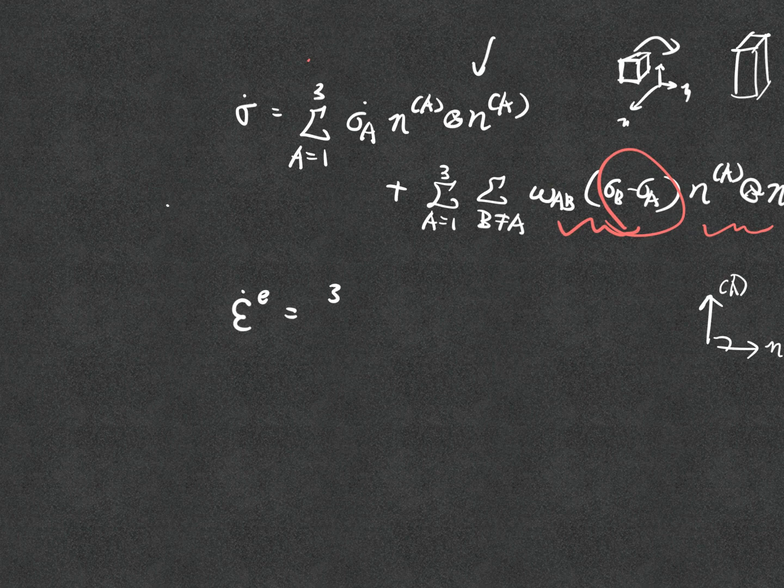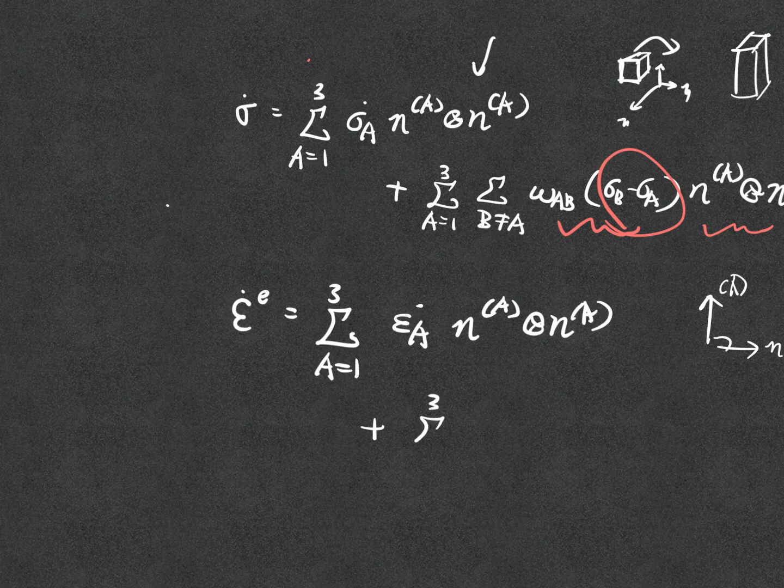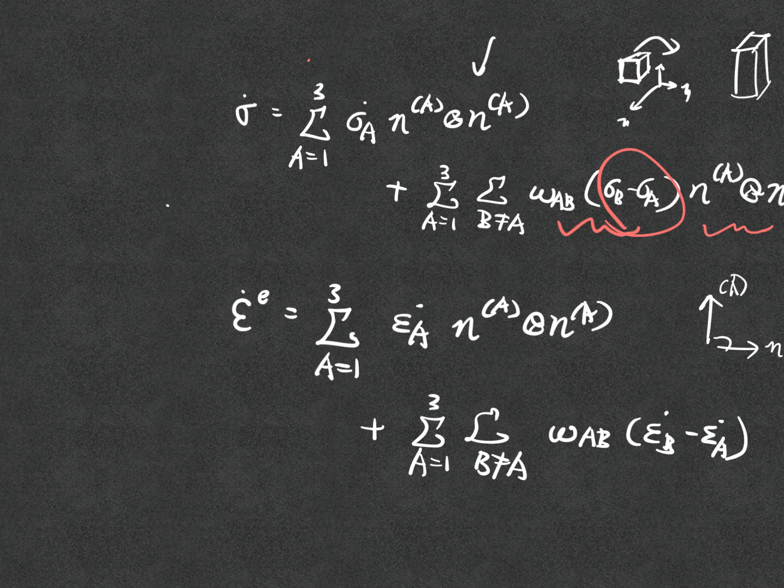I again would consider the change of the elastic strain in two different parts: the change of the eigenvalues and the change of the spin, that makes the eigenvector change, while the eigenvalue is not necessarily changing. Sorry, there's no dot here.